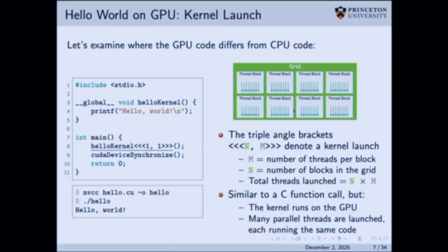But you can think of the kernel launch as similar to a C function call. The main difference is that instead of a function call that runs on the CPU, the kernel runs on the GPU. When we actually launch the kernel, we have n by m threads running the same code all in parallel.